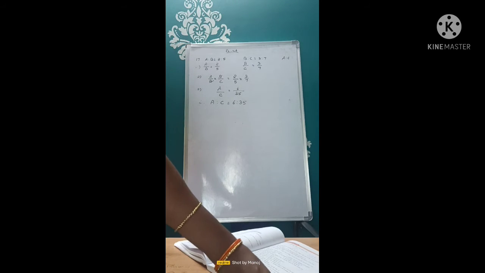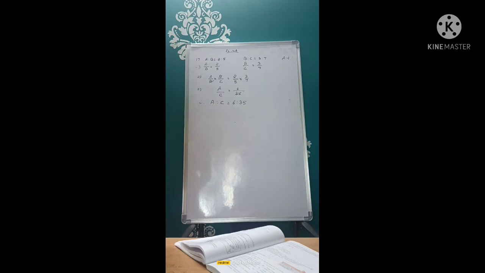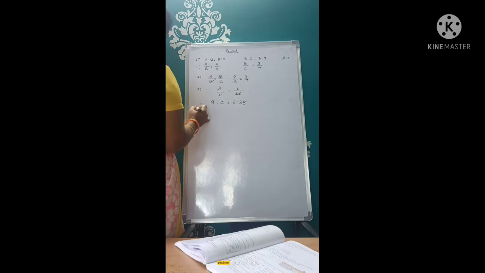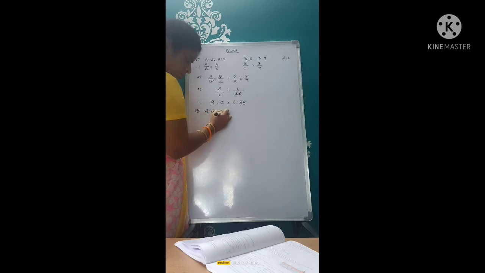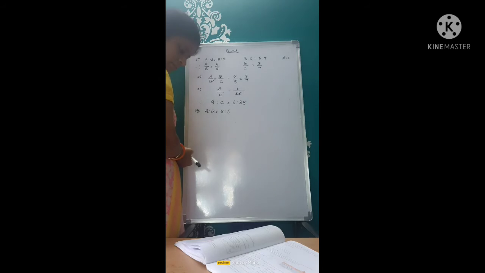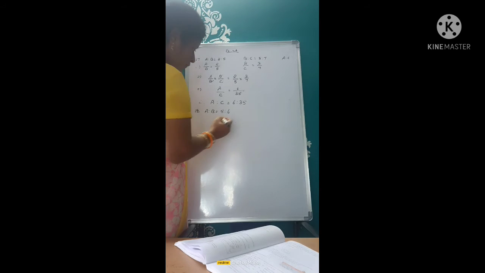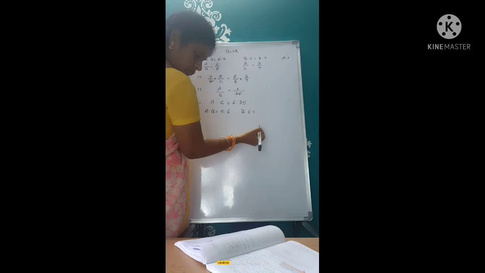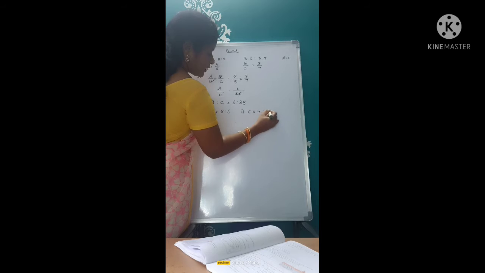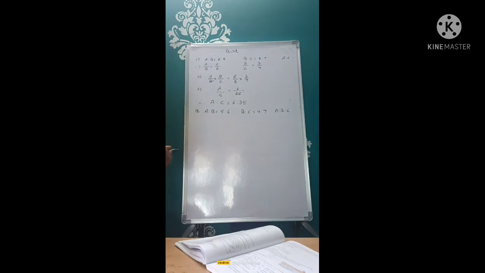Okay, next question number 18. Here also given A is to B equals 5 is to 6, B is to C equals 4 is to 7. Here we have to find out A is to B is to C. Okay.